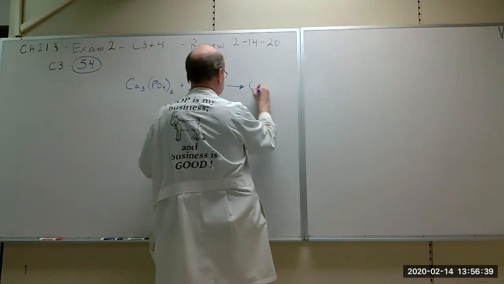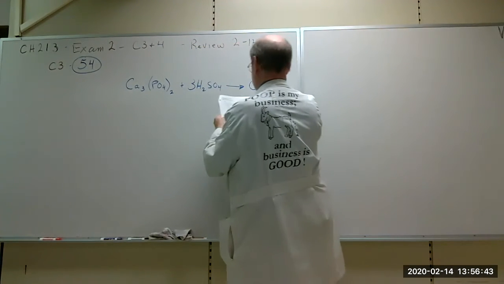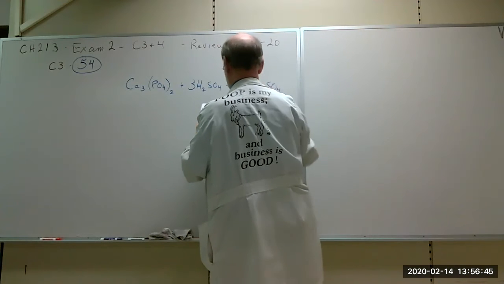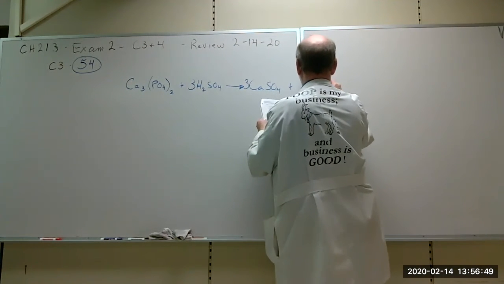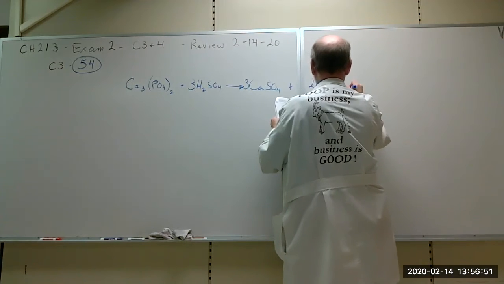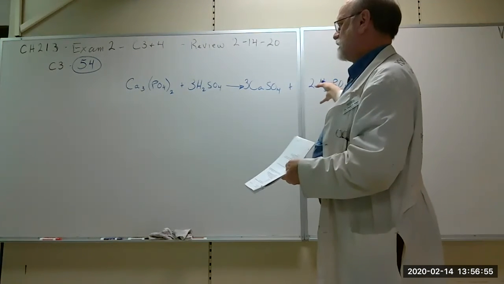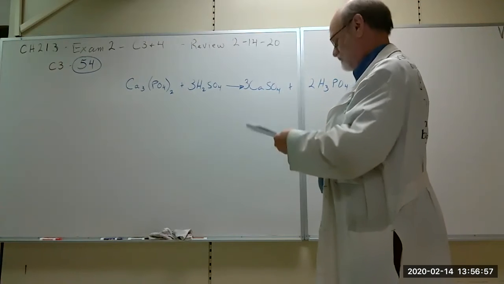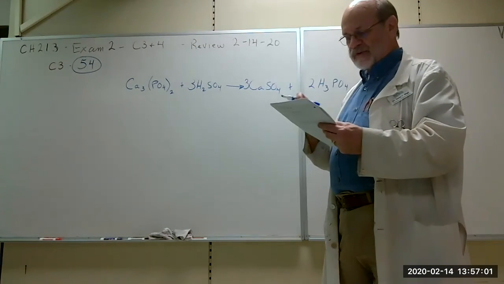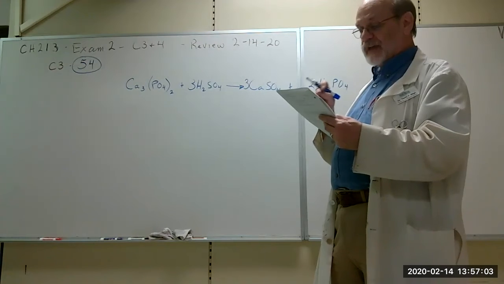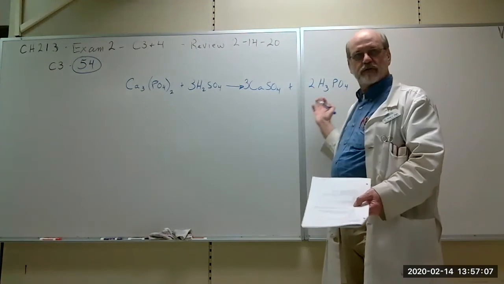Yields calcium sulfate, actually 3 here, plus 2 phosphoric acid. The phases are not given. It's not essential to work the problem. In the problem itself, you're asked how much phosphoric acid is produced, so this has to be aqueous to be phosphoric acid.